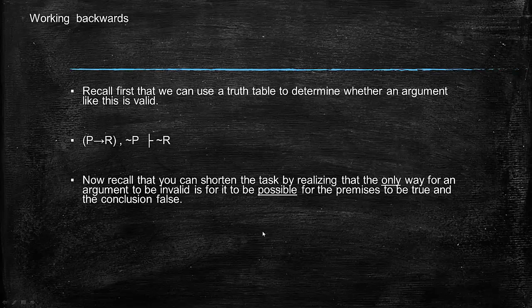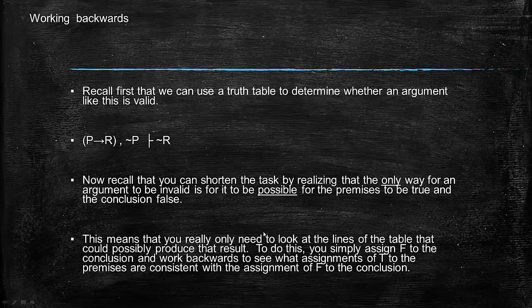The only way for an argument to be invalid is for it to be possible for the premises to be true and the conclusion false. And that's just because, of course, a valid argument is one where that's impossible. So what this means is you really only need to look at the lines of the table that could produce that result, true premises and a false conclusion. And so that's how you just start.